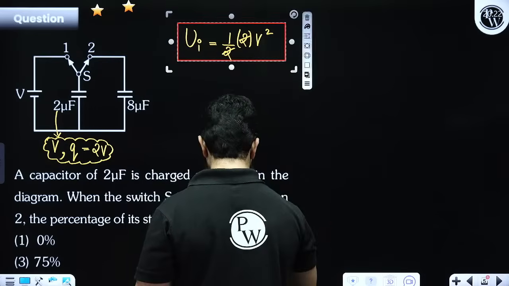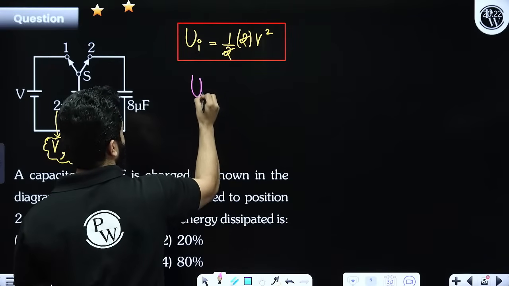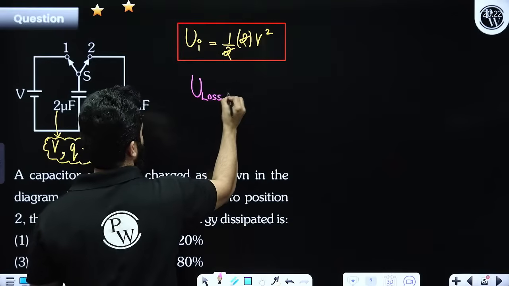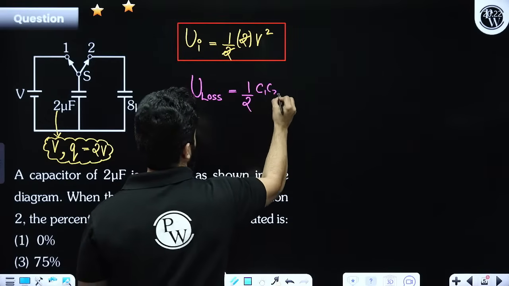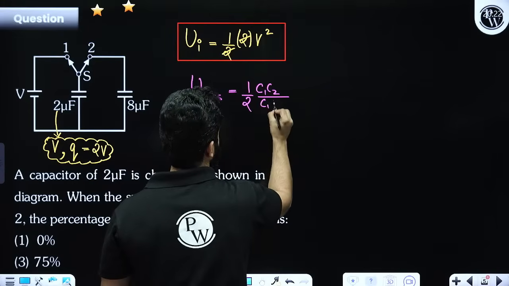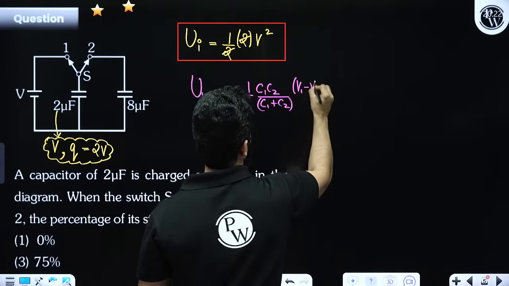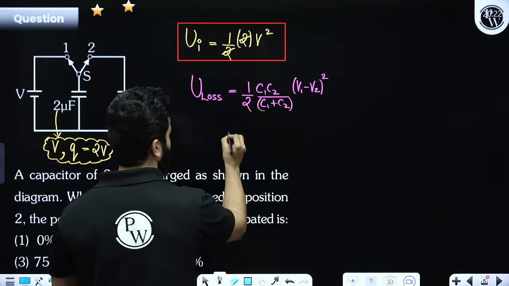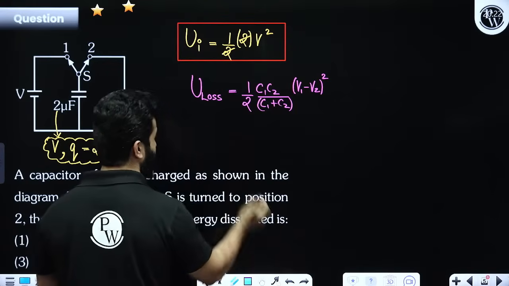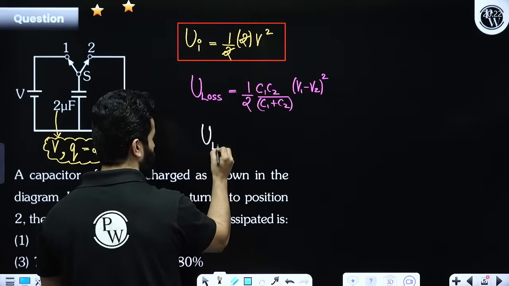Now, my dear friends, we all know the formula of energy loss. Simply apply the formula for energy loss, that is half C1 C2 divided by C1 plus C2 times V1 minus V2 whole square. This is dissipated, loss.